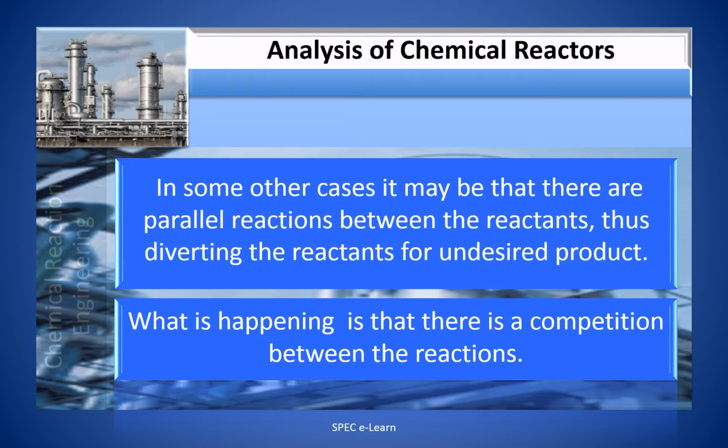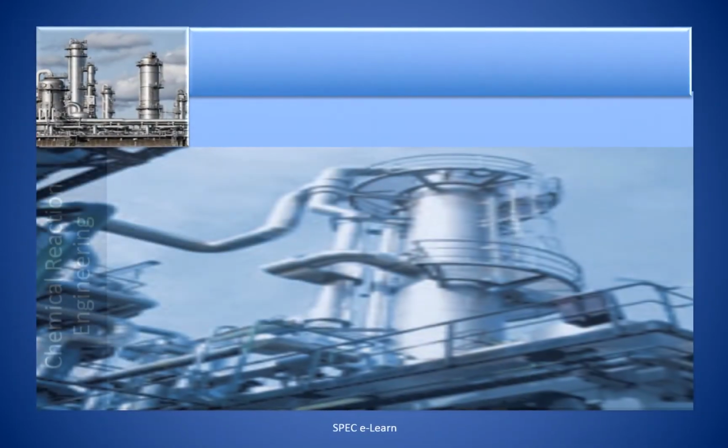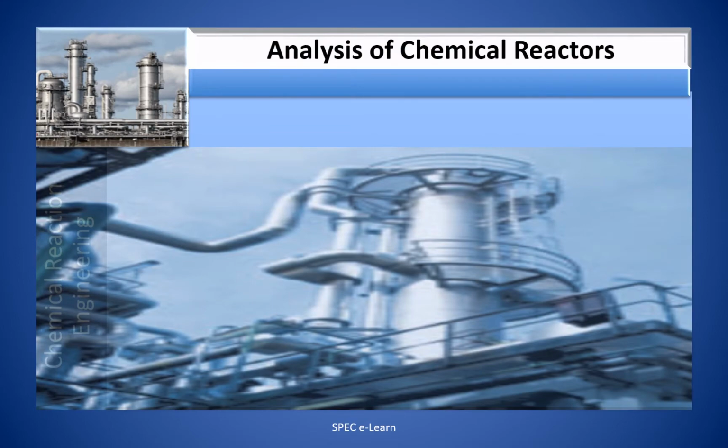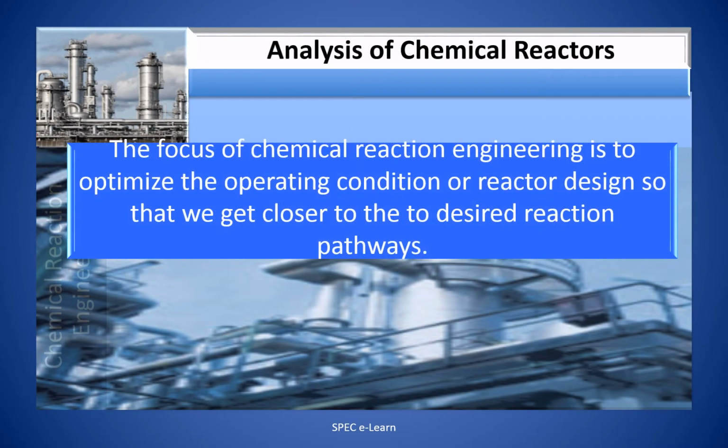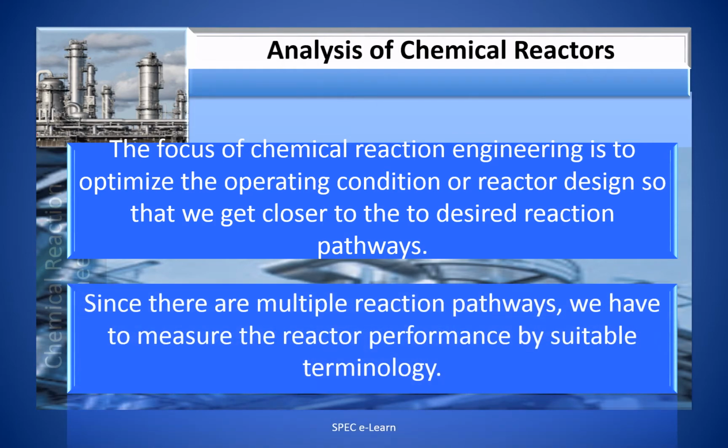What is happening is that there is a competition between the reactions. The focus of chemical reaction engineering is to optimize the operating conditions or reactor design so that we get closer to the desired reaction pathways.